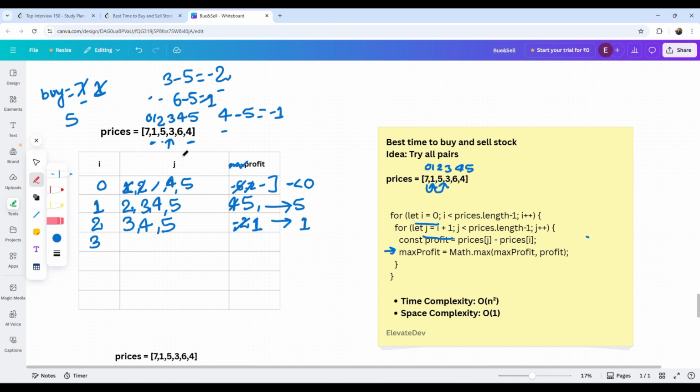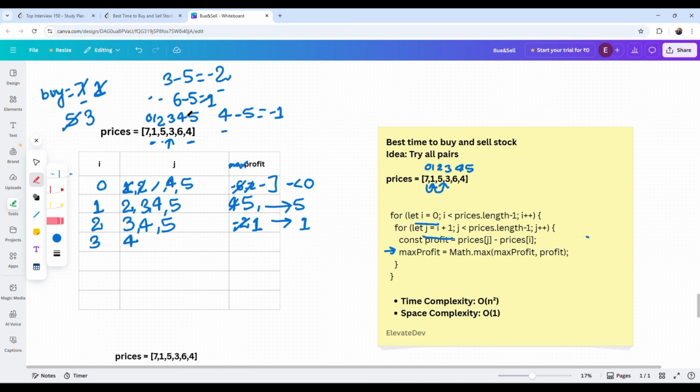At the third index you see we have 3. So my buying price is going to get updated and we have 3. At this point, my J is going to be I plus 1, which is 3 plus 1, which is 4.